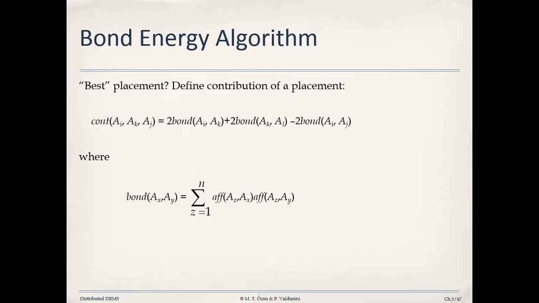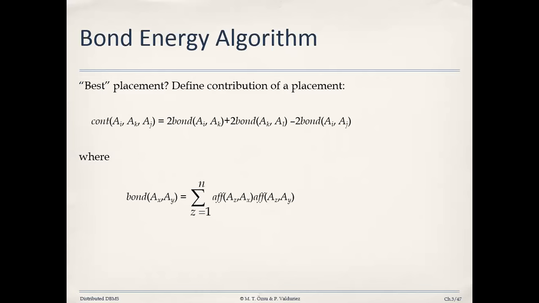Now please pay attention and see carefully how we will compute the bond. The best placement, defined as the contribution of a placement, has a formula. And what is the formula?